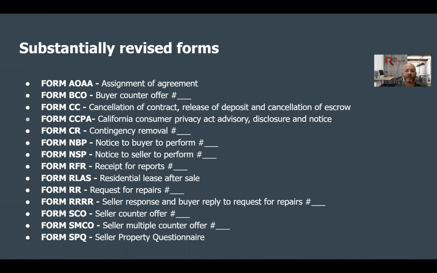Notice buyer to perform and seller to perform, receipt for reports, the residential lease after sale, request for repairs, the seller response to request for repairs, seller counteroffer, seller multiple counteroffer, and the SPQ. So there's some big ones here that have been revised. I highly suggest taking a few minutes to check these out, see what the revisions are, and then you know, again, go line by line, make sure you're not missing anything.